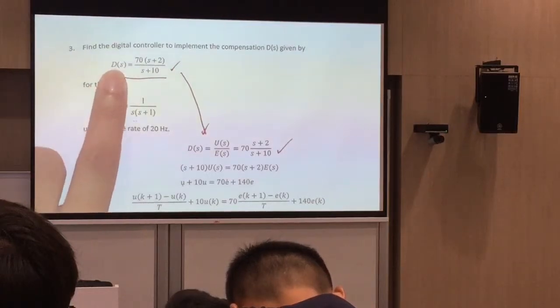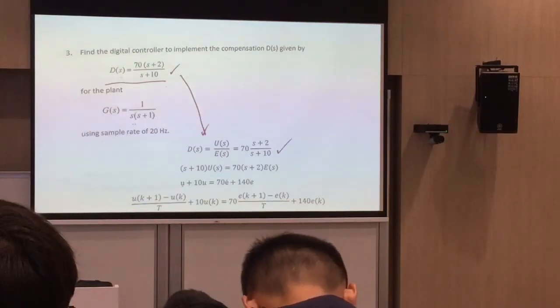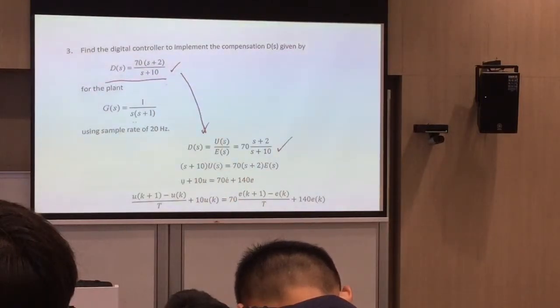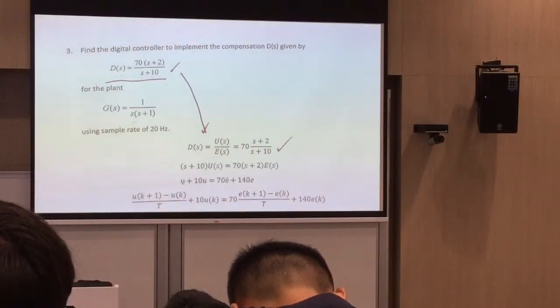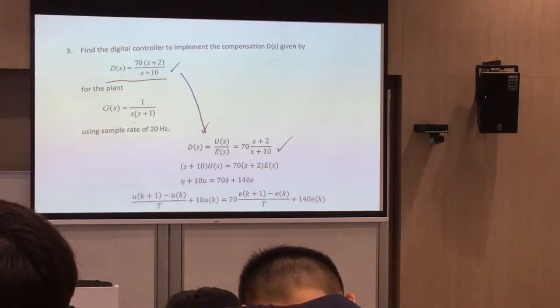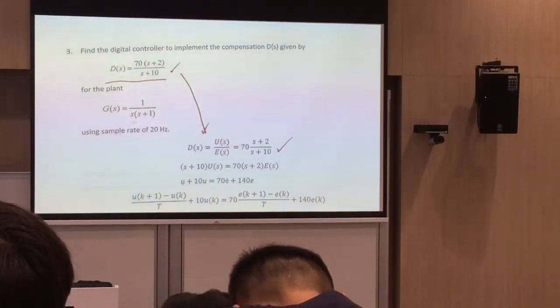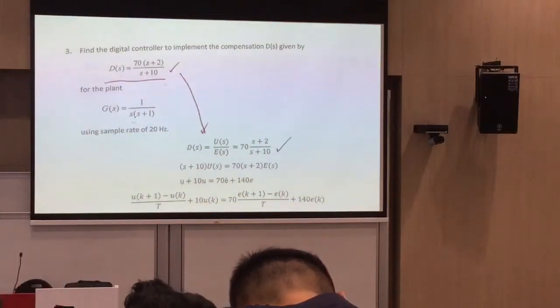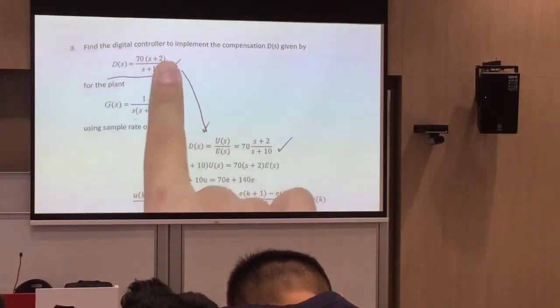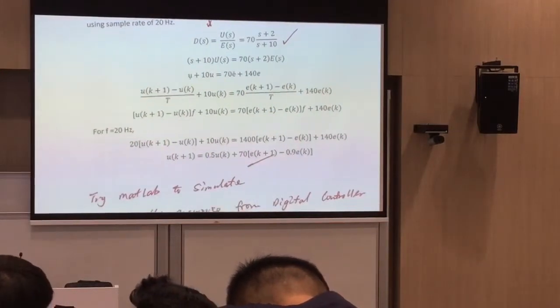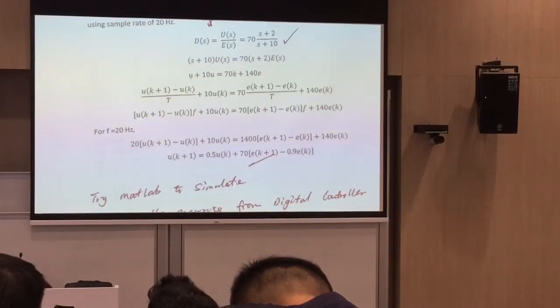One, you are going to digitize, or find out the difference equation for the digital controller part. So digitize your GF. And secondly, after you obtain the digital controller, you can apply your MATLAB code simulations to estimate how its output is going.